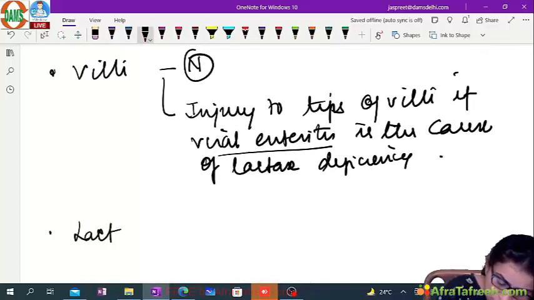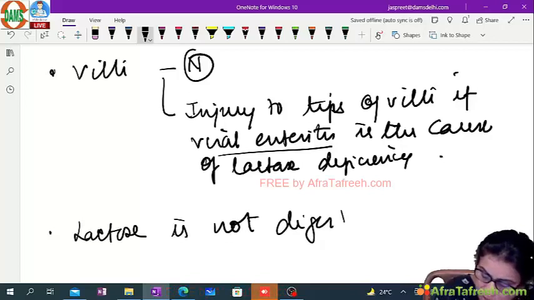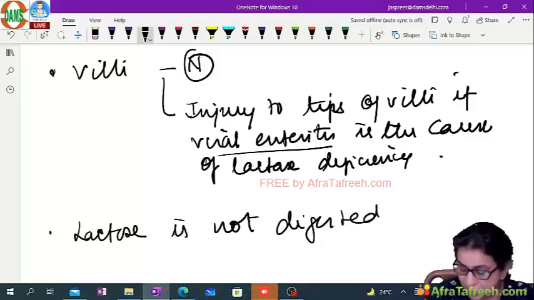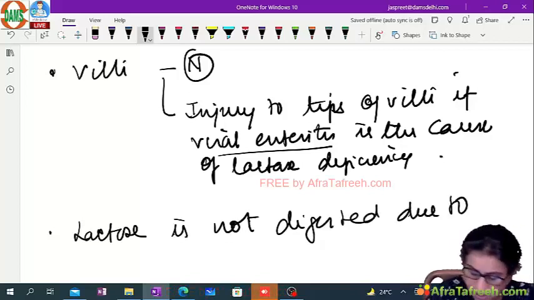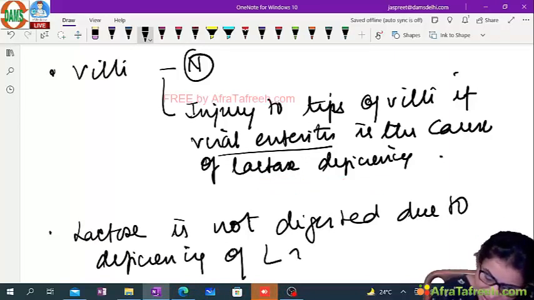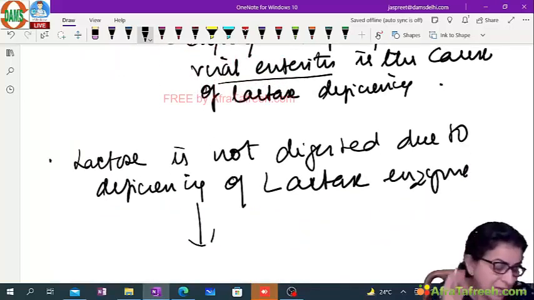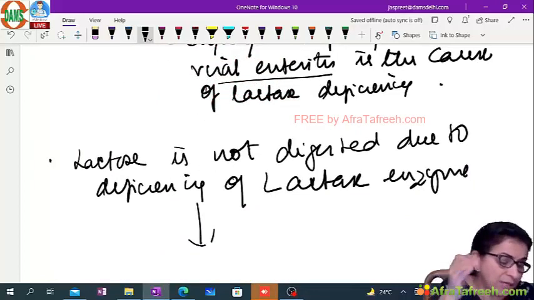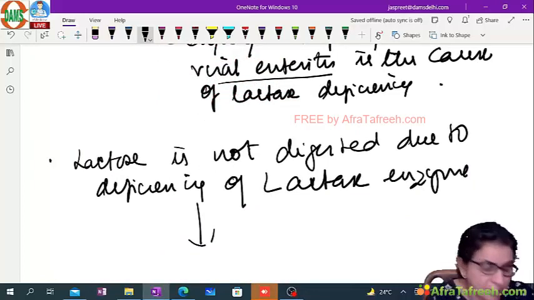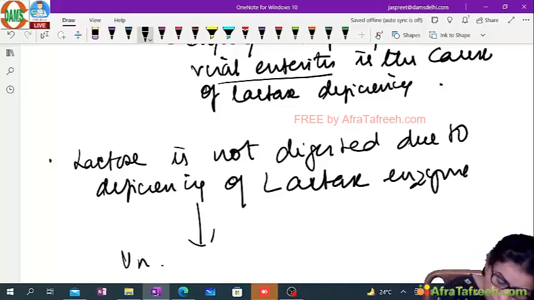Lactose is not digested because the enzyme lactase is not there. Due to deficiency of lactase enzyme, lactose is not digested.